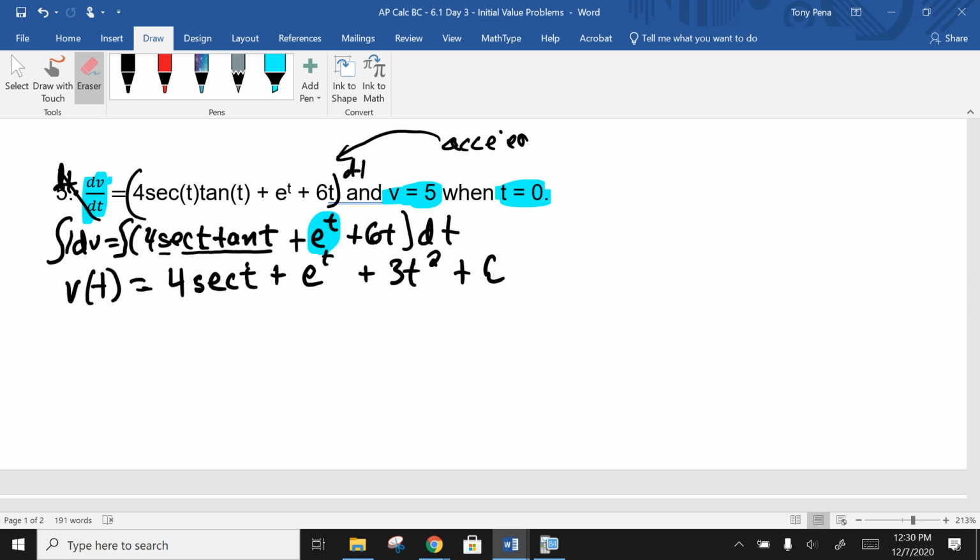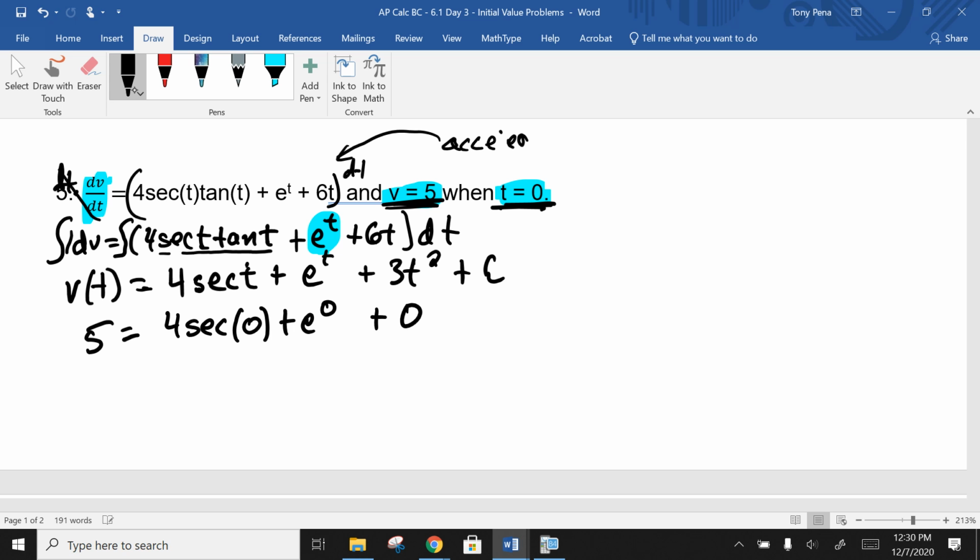From there, same as everything else we've been doing, take these two values, that our velocity is a 5, when our time is a 0, and then these, you have to recall some things.